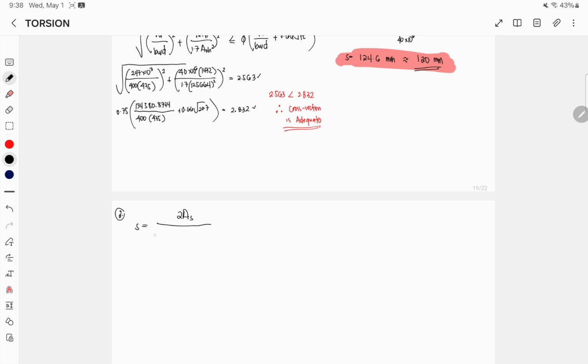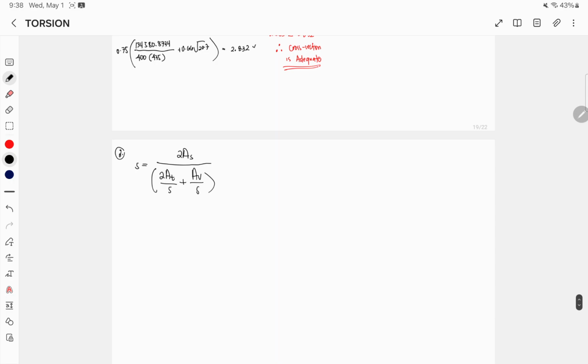So, all over the value of 280 times S na nasolve natin kanina plus AV over S. Okay. So, yung AV natin and AT is just the same, no? Magbabago lang yung mga number of legs. Kapag naka 80, just one leg. And for the EV, for the shear, yan, consider natin yung dalawang.